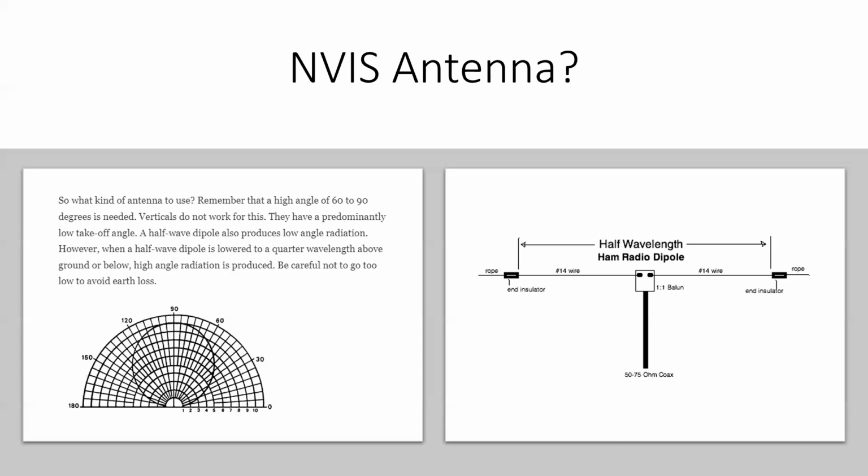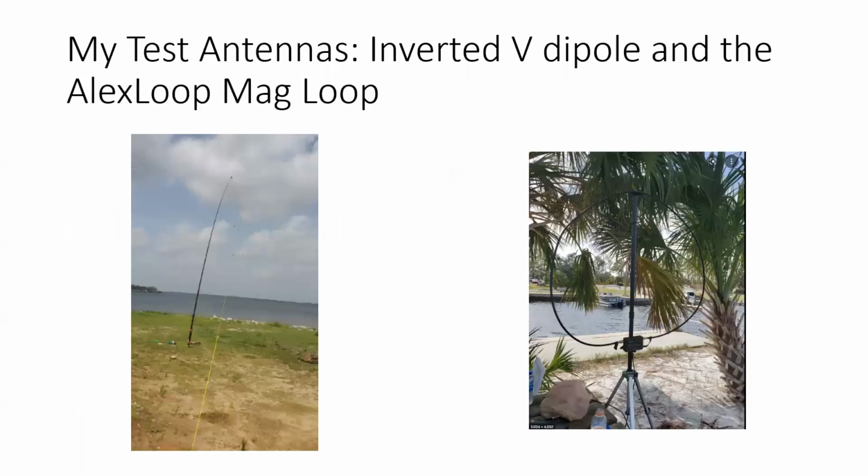But this can be very good for NVIS. You'll see antennas tuned for NVIS, and I may do some experiments with that, but just my gut feeling is that most of our antennas end up being NVIS. So you're lucky, you've already got one.